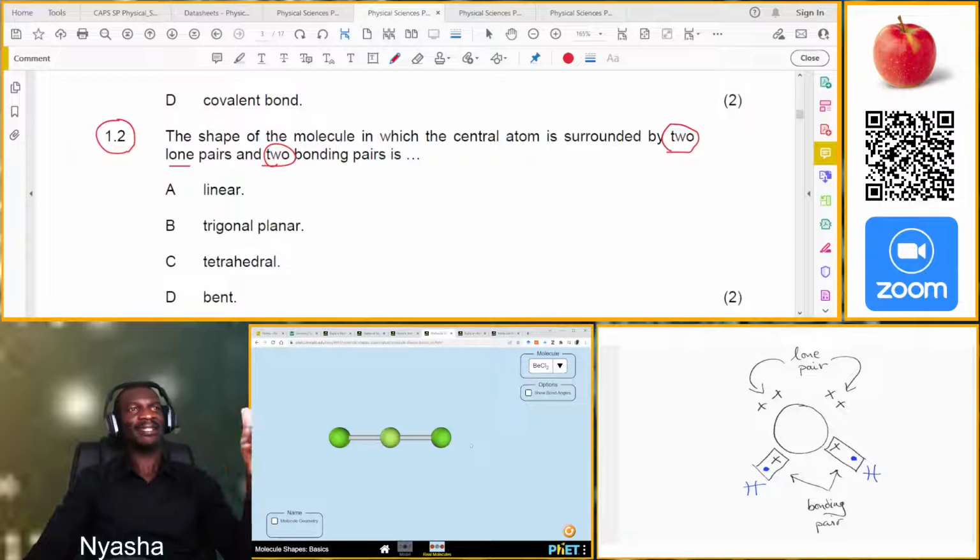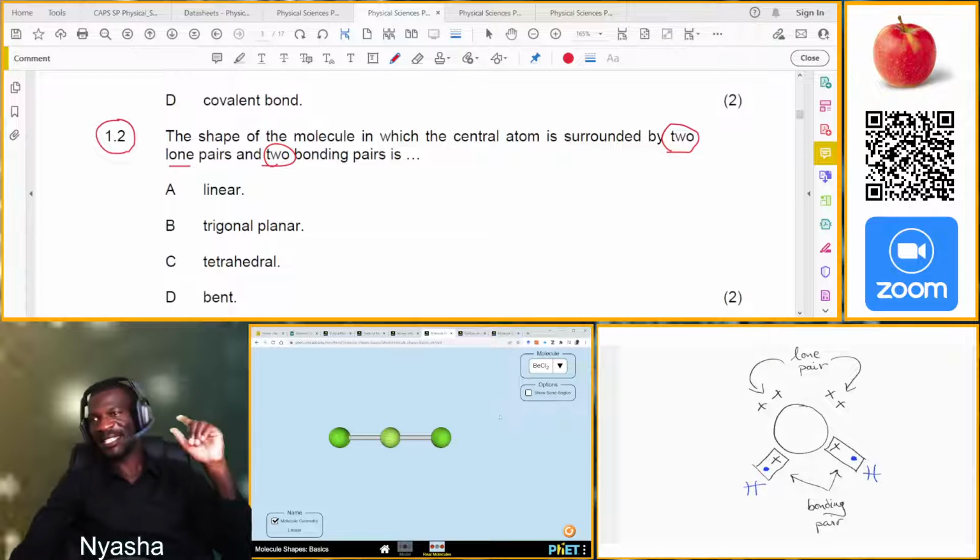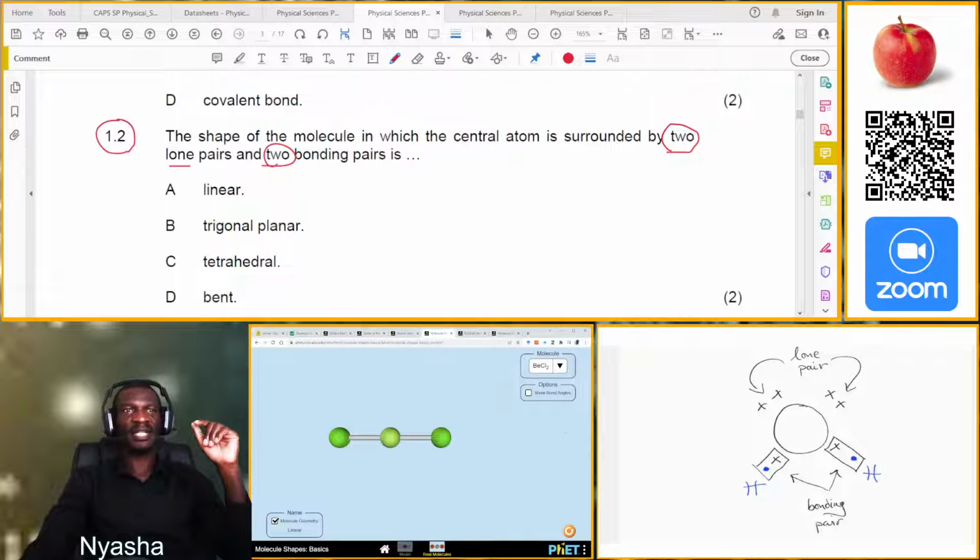We are looking for the molecule shape. So we are looking for the geometry, right? So this one will actually indicate a geometry so that we can tell what they mean by linear and so forth. So this is an example of a molecule which is a linear molecule.